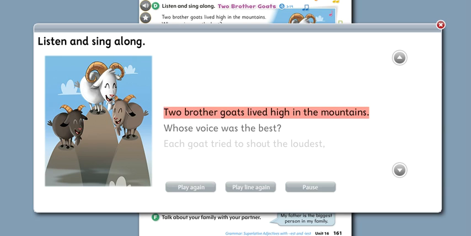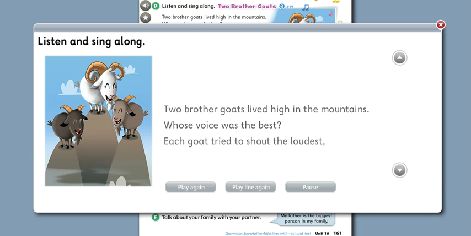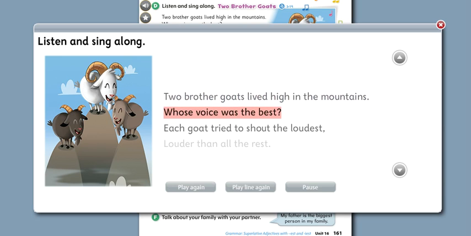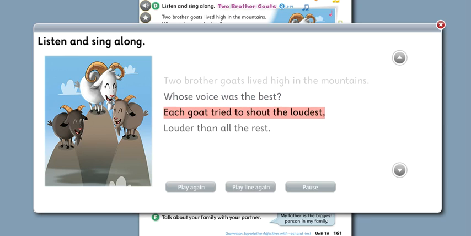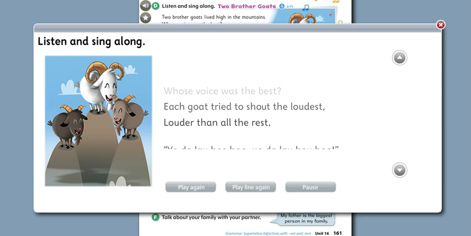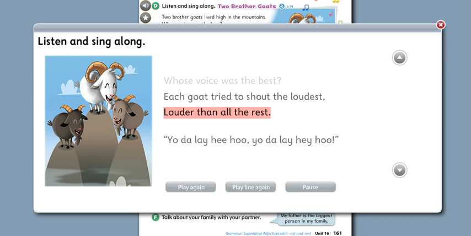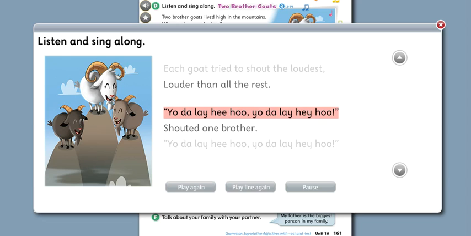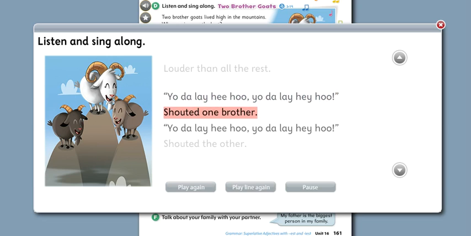Two brother goats lived high in the mountains, whose voice was the best. Each goat tried to shout the loudest, louder than all the rest. Yodelay-hee-hoo, shouted one brother.